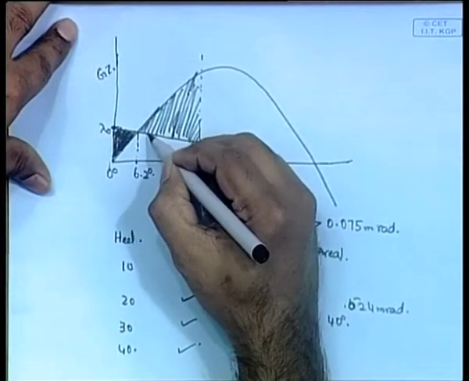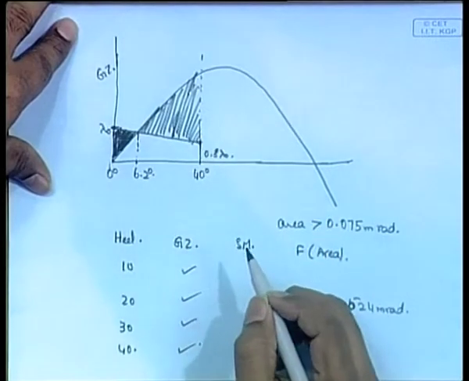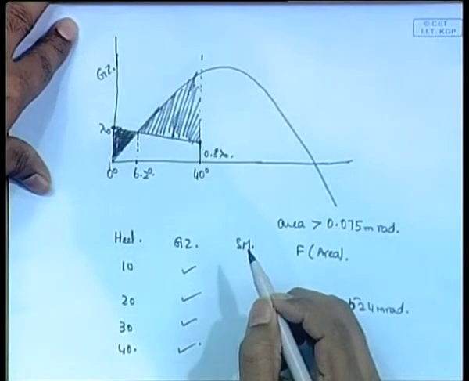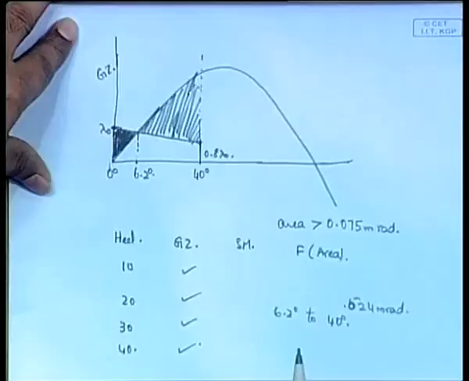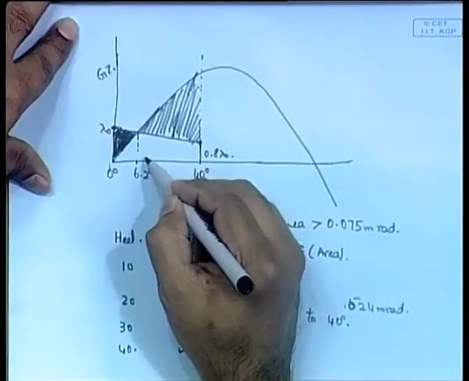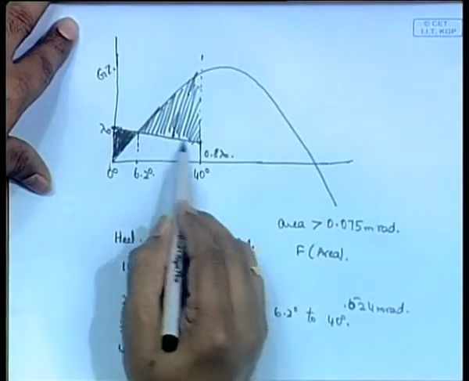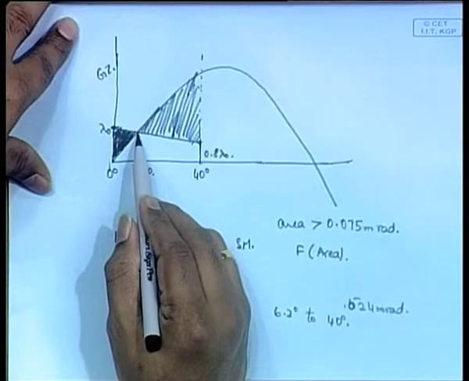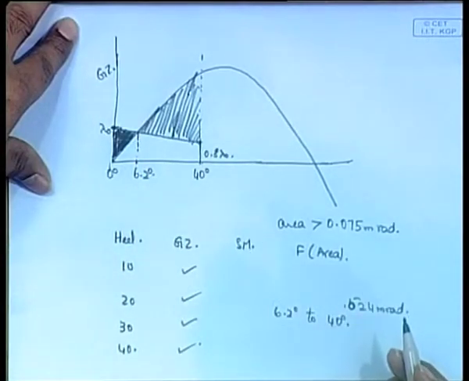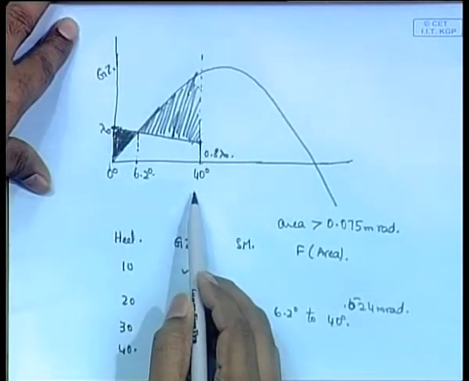This area. So, first you have to find the area of the GZ curve between 6.2 degrees and 40 degrees, that will give you this whole area, this area plus this area. Subtract the area of this trapezium from it, and therefore, you will get the area between 6.2 degrees and 40 degrees.